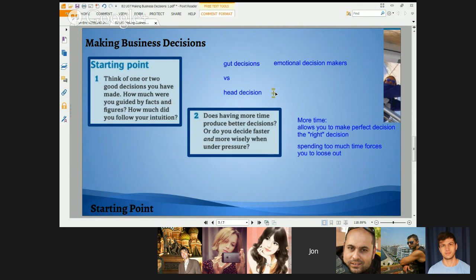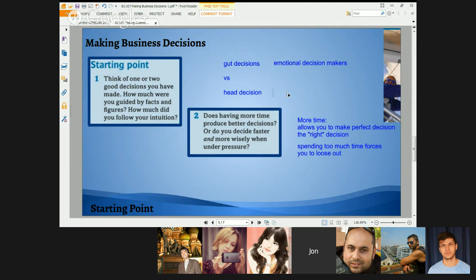And Daniel, what would you call someone who uses their head? Like in your case, you looked up facts and figures and you saw you could be earning more money somewhere else, right? That was not an emotional decision. So what would you call people who make those kinds of decisions? If they're not emotional, what are they? Responsible.